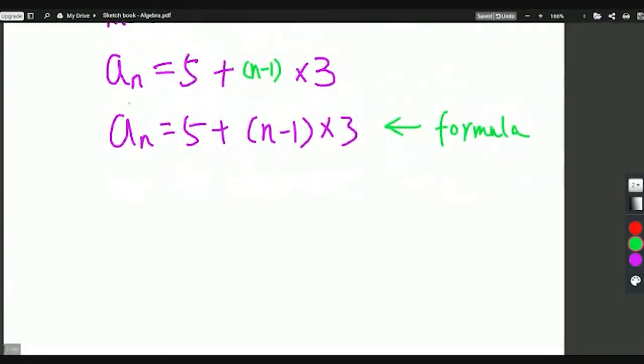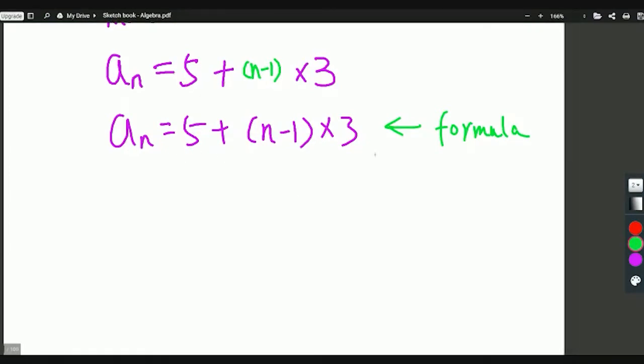So we know these two are changing, and these 5 and 3 are not changing. By studying the relationship between the changing parts, we say, okay, for the nth term, this part is 1 less, so this is going to be n minus 1. We're almost done.